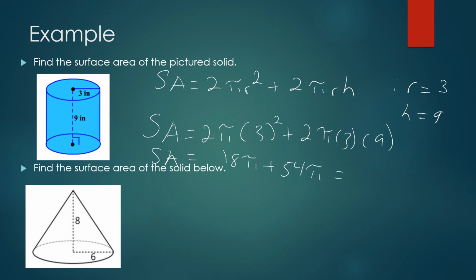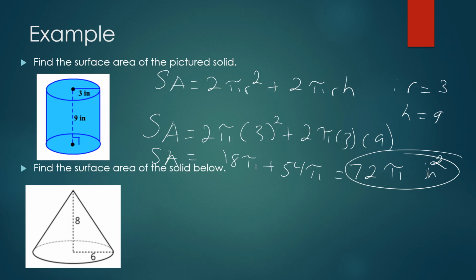So then 18 plus 54, 72 pi. If we wanted an exact answer, we have found it. Don't forget the 2 there. That's it. That's the surface area of the cylinder.